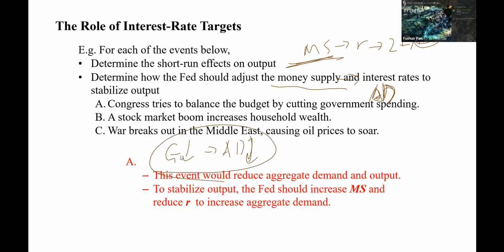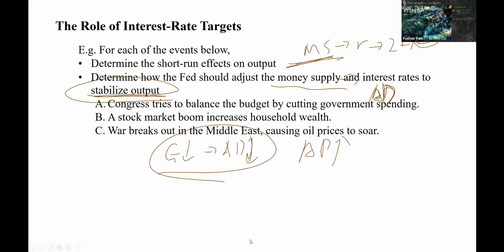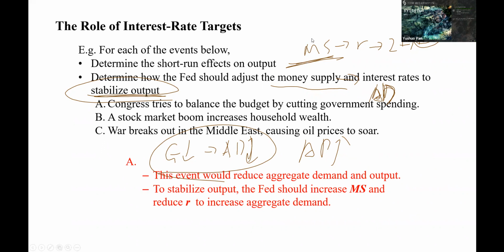But the Fed has to stabilize the output, so the Fed's aim is to increase AD. What the Fed can do is increase the money supply and reduce R to increase the aggregate demand. So for event A, if AD decreases, the Fed's aim is to increase AD by increasing the money supply.